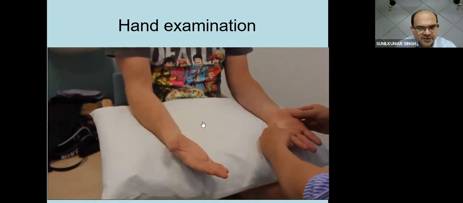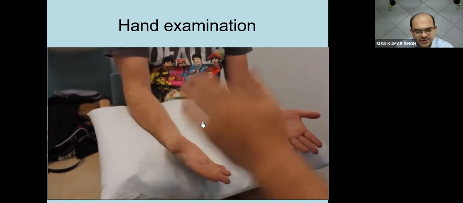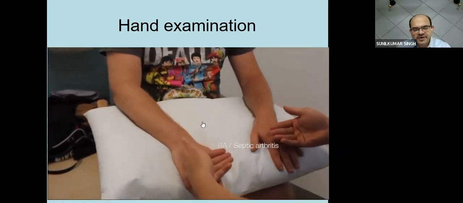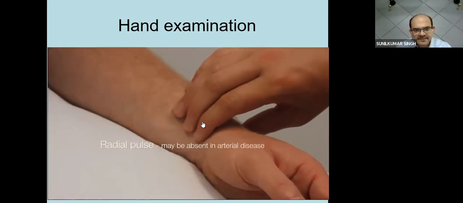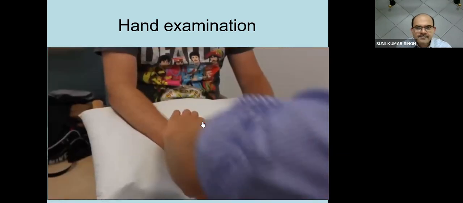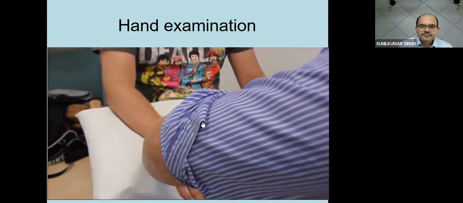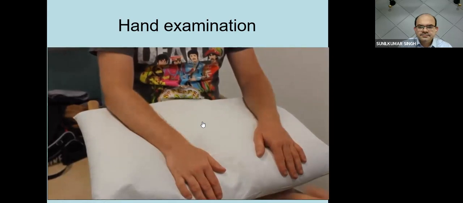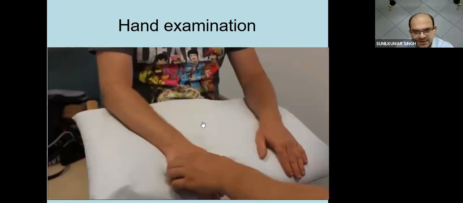So patients with rheumatoid often also, because of the wrist swelling, develop carpal tunnel syndrome, which results from the compression of the median nerve. And therefore, it's important to look at the musculature there. So this is the MCP squeeze.